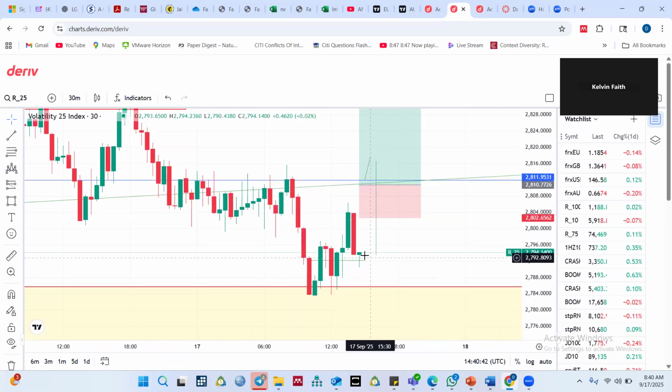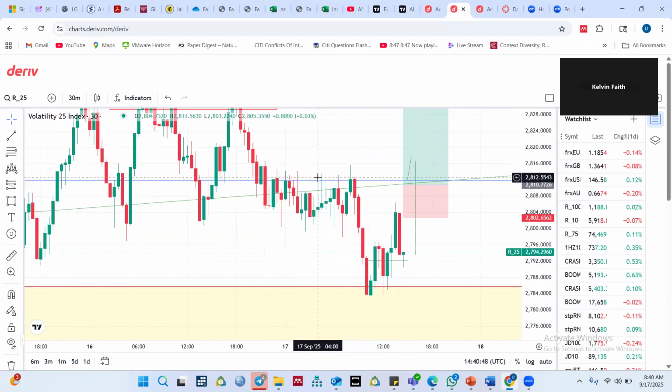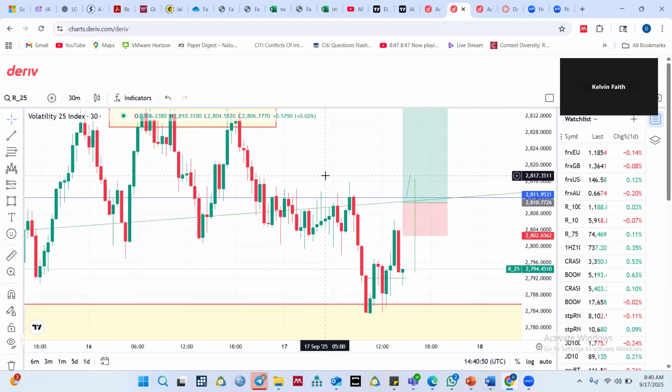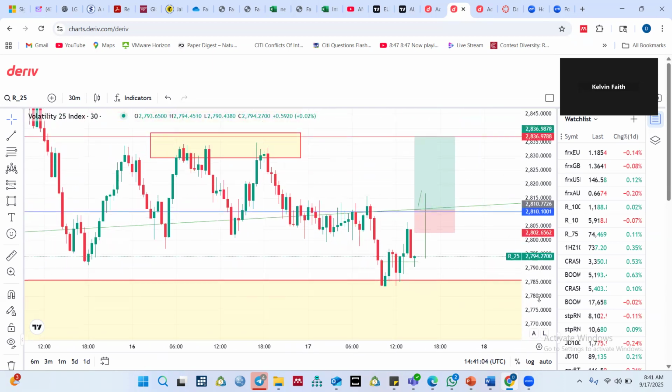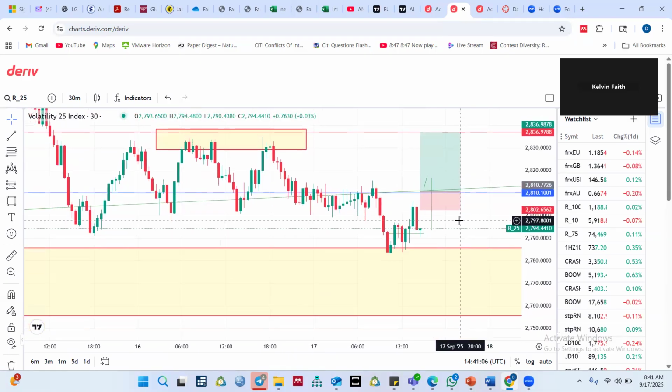But the moment it pushes up above the trend line and closes above the blue line again, that is going to be my entry signal.